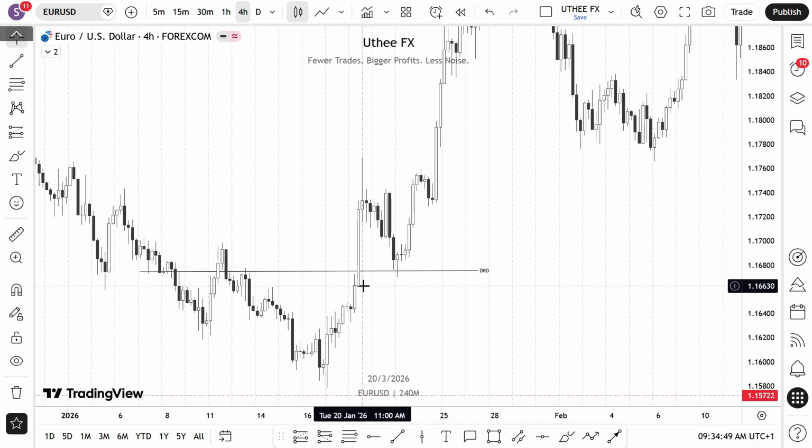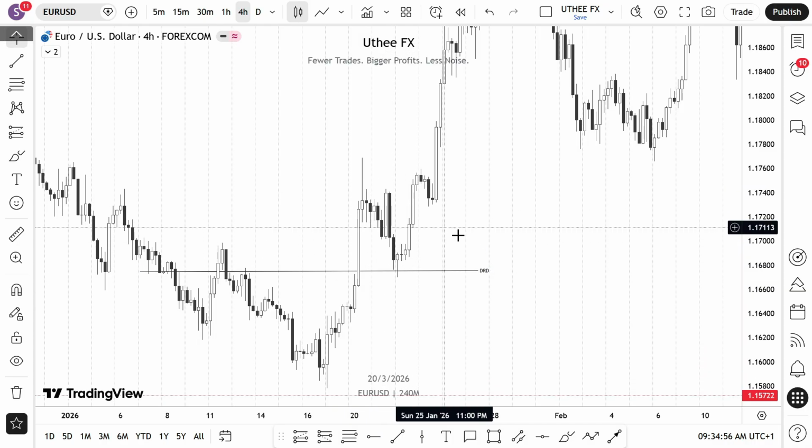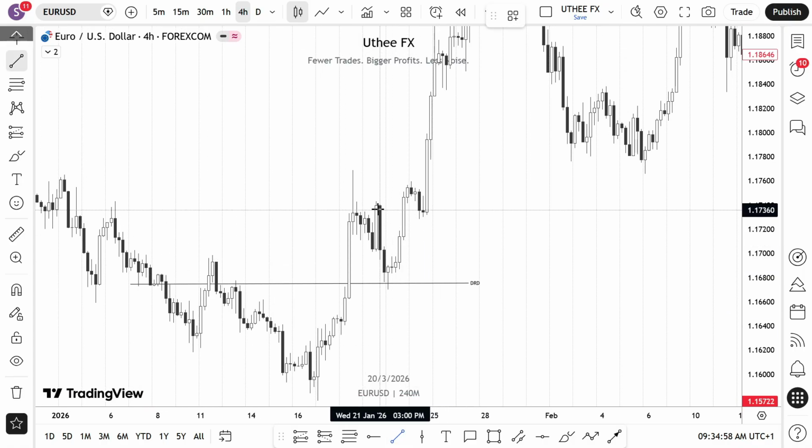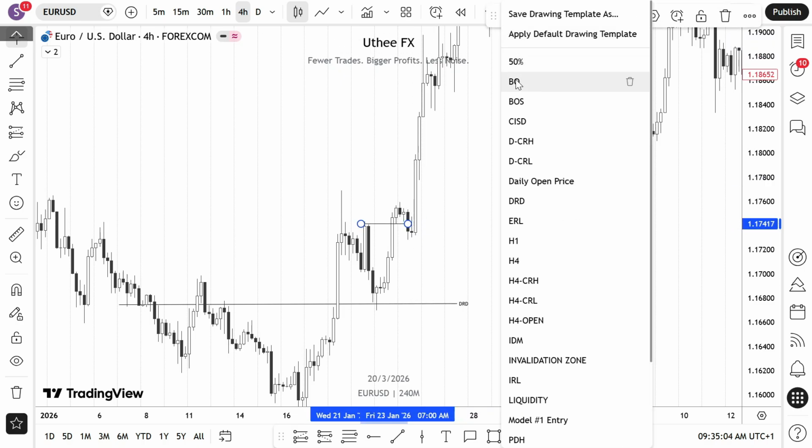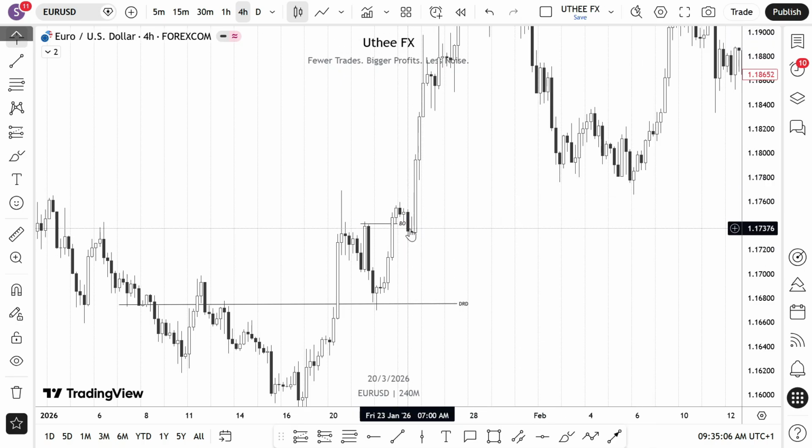You see, this day rejected, this day go up. As you go up, wait till you see break of structure. You see, break of structure. As e break structure, e come back. No, e no come back.